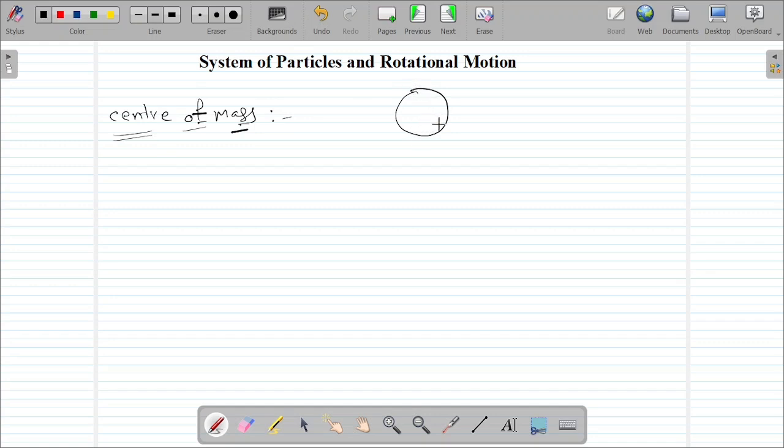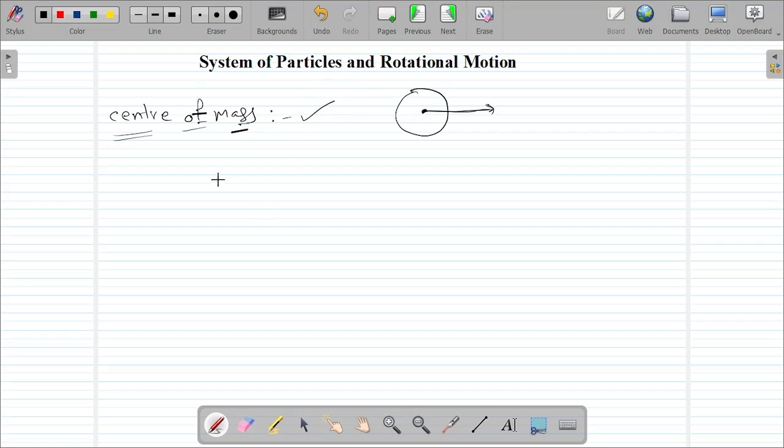The center of mass of a body or a system is the point where the entire mass of the body is concentrated to describe its translatory motion or rotatory motion. Most probably it will be translatory motion only, in a straight line. So the total mass is supposed to be concentrated at a point, and that is called the center of mass.